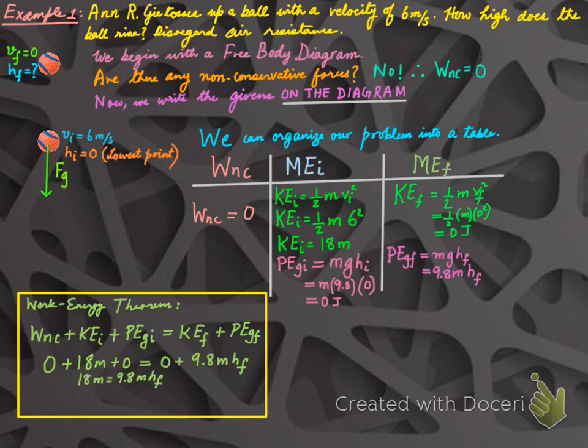Now cleaning it all up, we get 18m equals 9.8 m h final. As predicted, the masses cancel out. And doing a little bit of algebra, we find that h final equals 1.84 meters. So the ball rises to a maximum height of 1.84 meters.